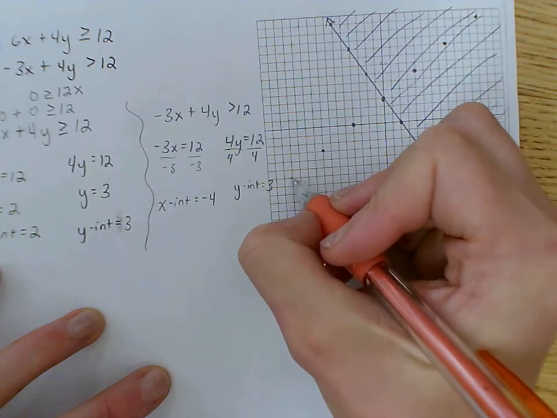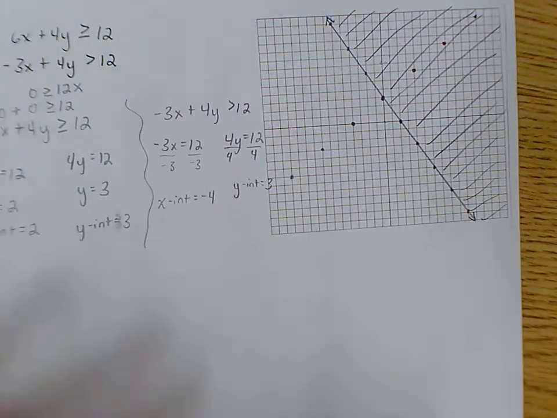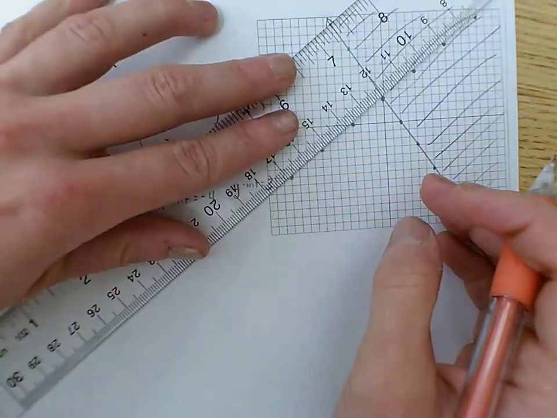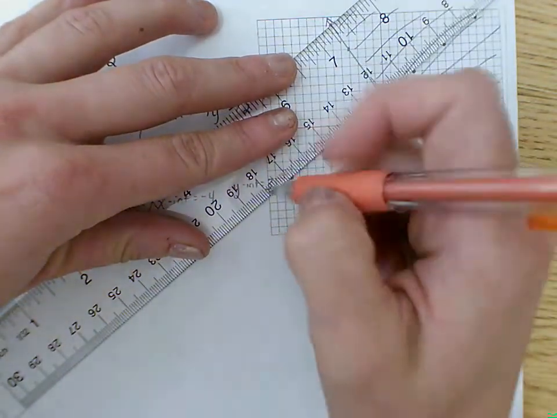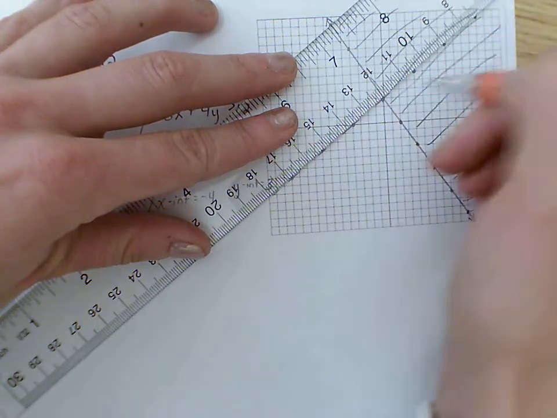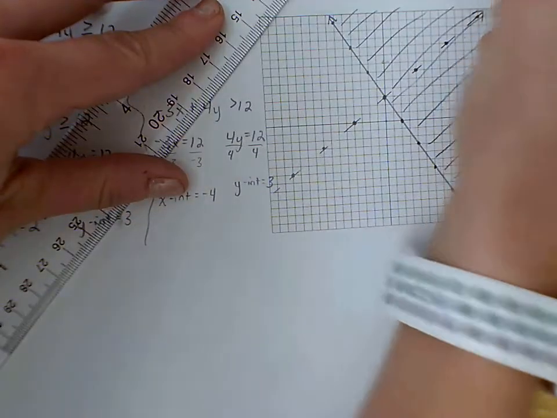Now we look at what kind of line. It doesn't have the equals to, so it's going to be a dotted line. So here's my dotted line. Okay, and then we shade.